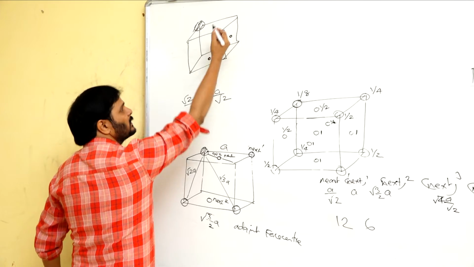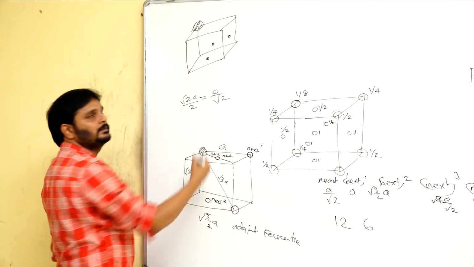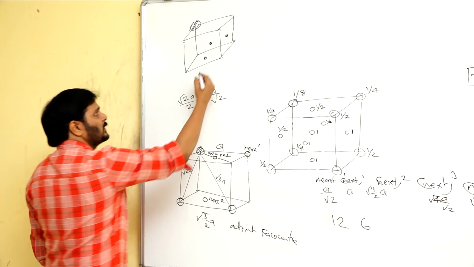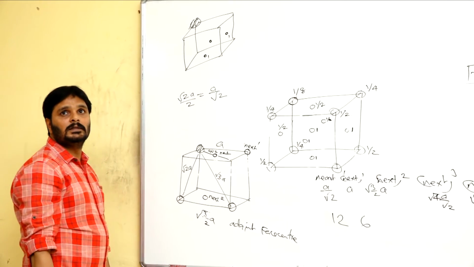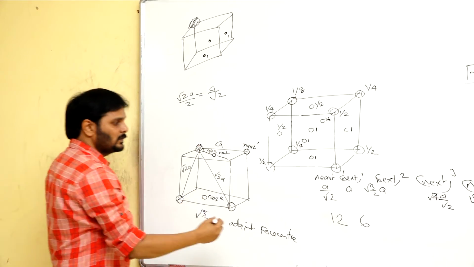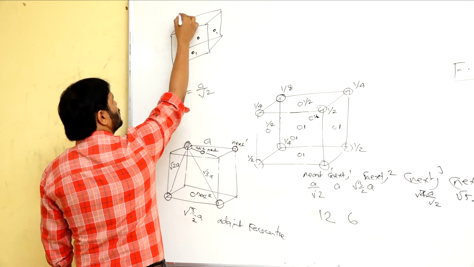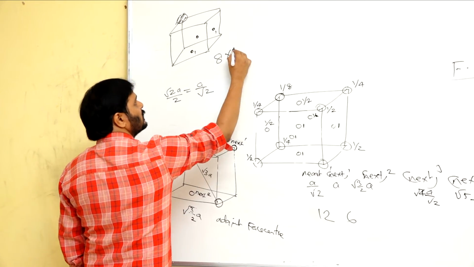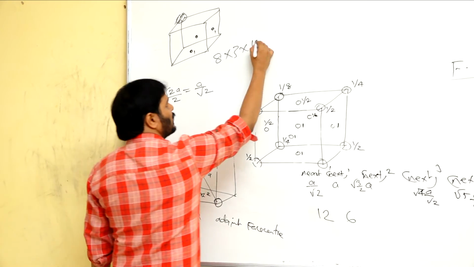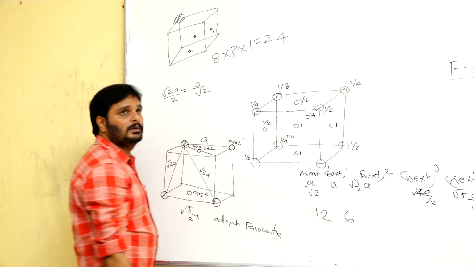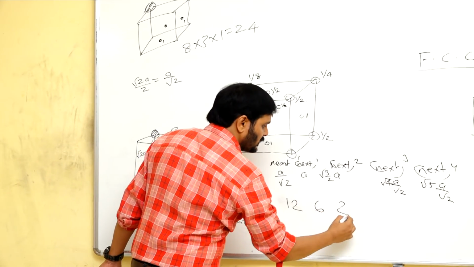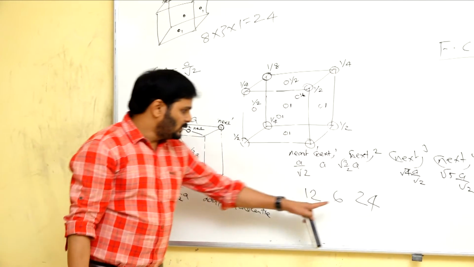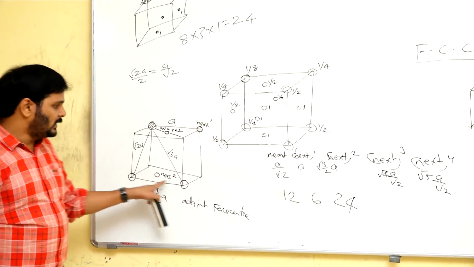Now one more we have there, then face adjacent. So total 3 face adjacents. Contribution is 1, 1, 1. So total now I can find. This is shared with 8. So 8 into 1, 2, 3. So total how much now? 24. So neighboring atoms for this point is 24.